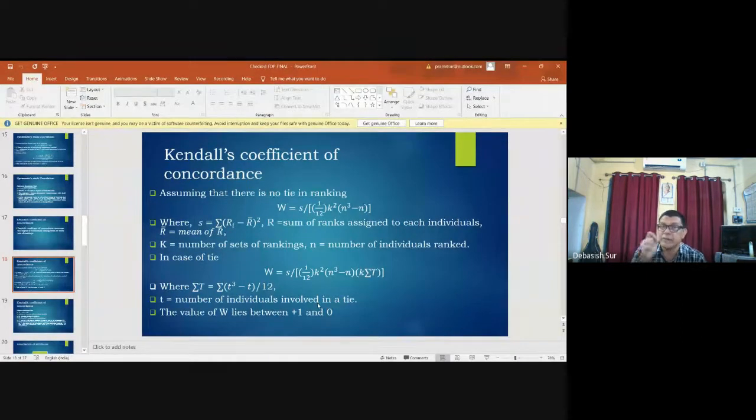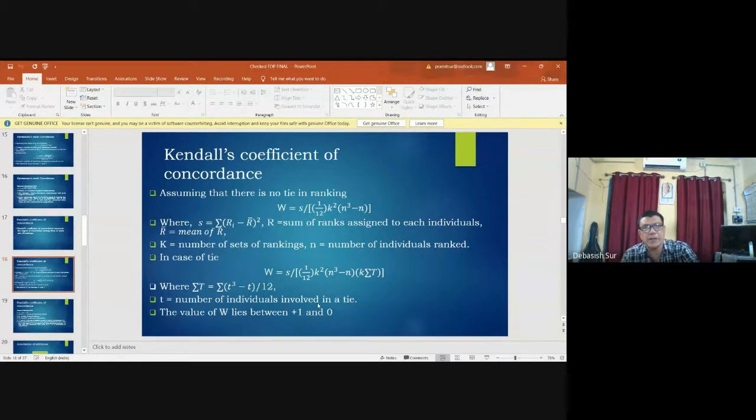The computed value of small s is to be compared with the table value of S. If the computed value of small s is greater than or equal to the table value of S, then we can say that Kendall's coefficient of concordance is statistically significant.